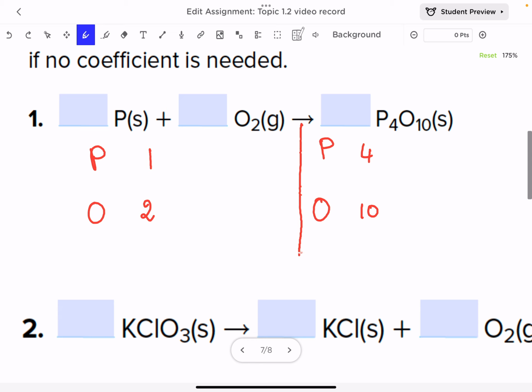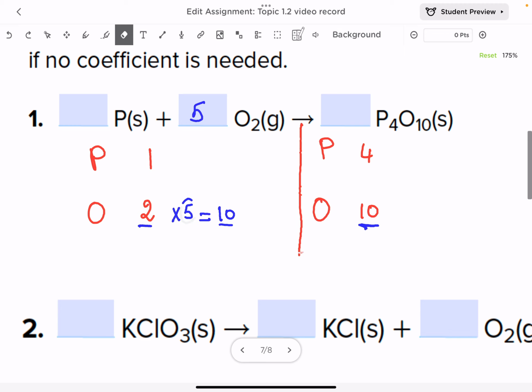First of all, oxygen: I have 2, while here I have 10. So I need to multiply the 2 by 5 in order to get 10 on both sides. And this 5 is a coefficient that I must write next to the oxygen.